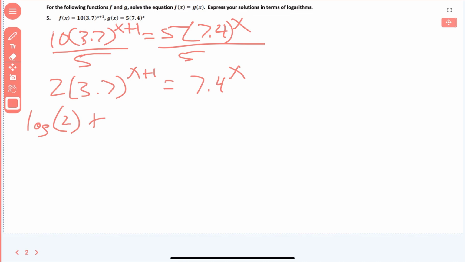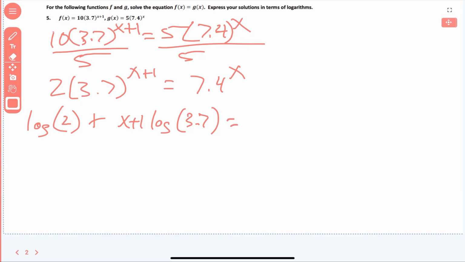We got to move our exponent out front, right? So we're going to have (x plus 1) log 3.7. That's the whole purpose of logging it, was to get the exponent down so we can work with it, right?